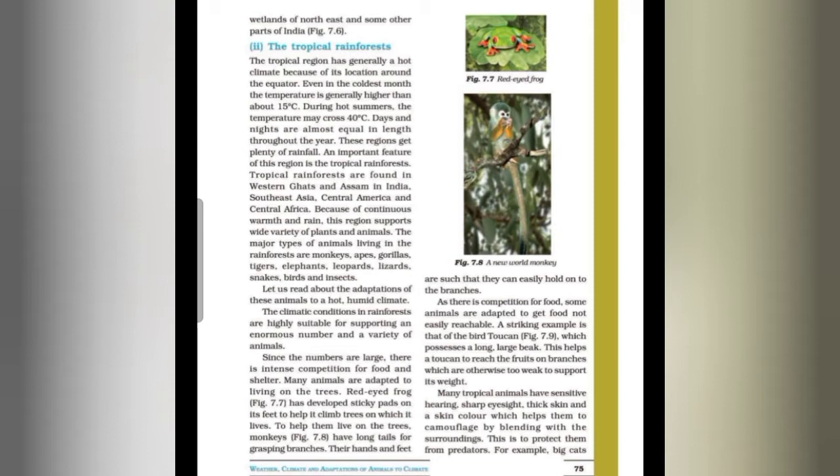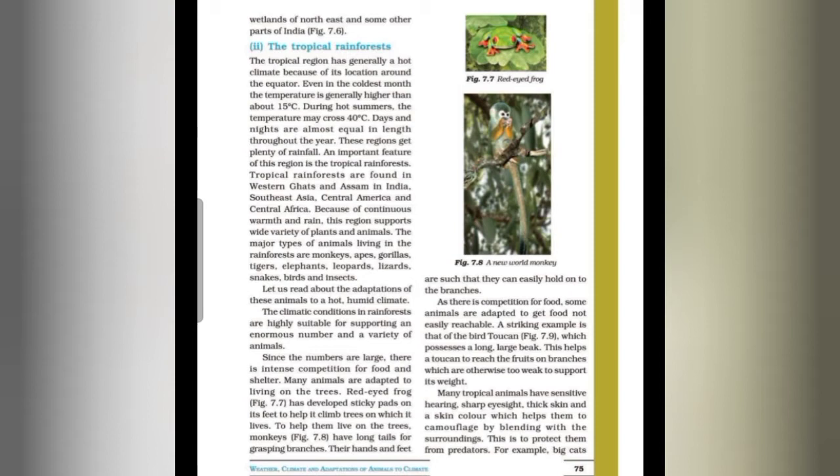So students, the areas which lie close to the equator are called tropical regions. They extend between 10 degrees north and 10 degrees south. The tropical regions have a hot, humid climate and abundant rainfall throughout the year.